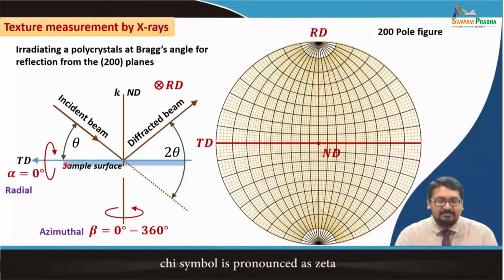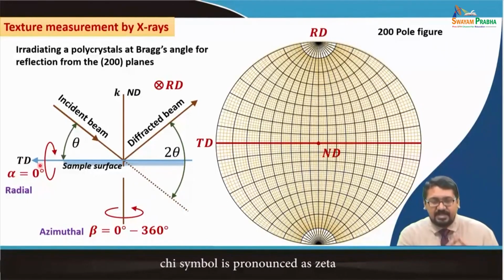The sample is kept in such a way that the RD, ND and TD, the important sample reference directions, are very well known. For example, here the sample is kept such that the RD is going inside the paper, the ND is vertical towards the top, and the TD is on this side.